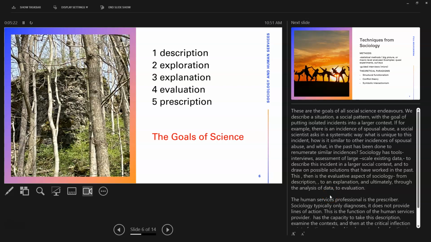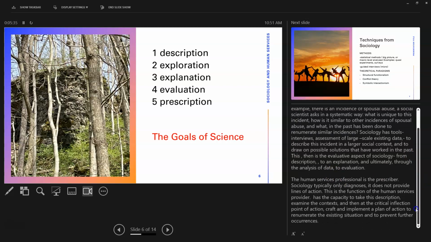This then is the evaluative aspect of sociology, from description through explanation and ultimately through the analysis of data to evaluation. The human services professional is a prescriber, step number 5 in the goals of science. Sociology typically only diagnoses.